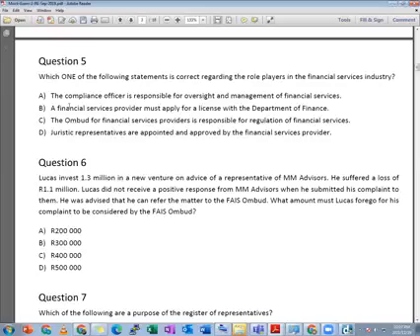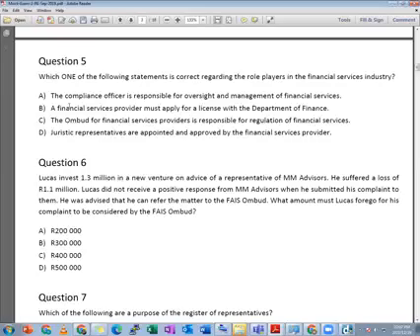They say the compliance officer is responsible for oversight and management of financial services. We all know that the compliance officer oversees the compliance function, not management of financial services. So A is incorrect. B: A financial service provider must apply for a license with the Department of Finance.